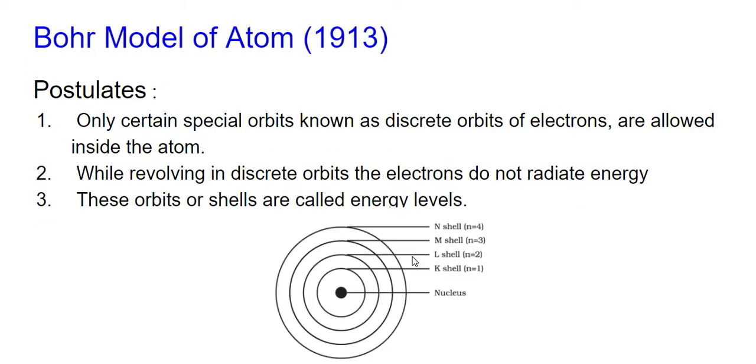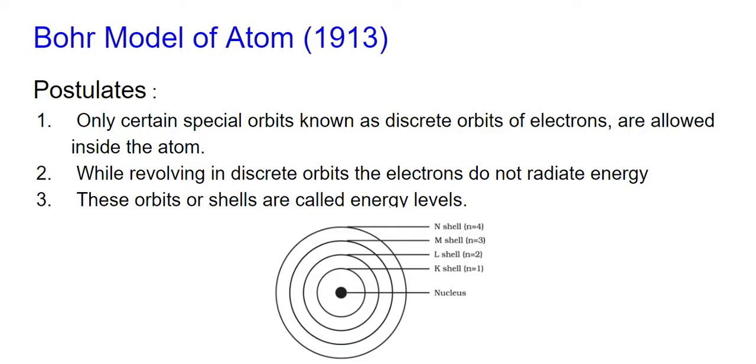The next model proposed was by Niels Bohr. He proposed the model of atom in 1913. His postulates were: only certain special orbits, known as discrete orbits of electrons, are allowed inside the atom. So electrons cannot just move around anywhere, revolving around the nucleus.